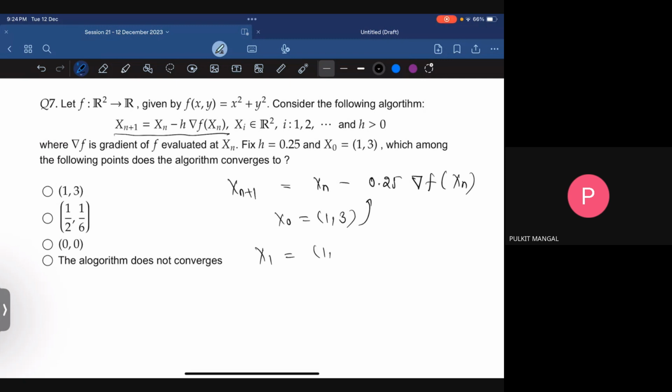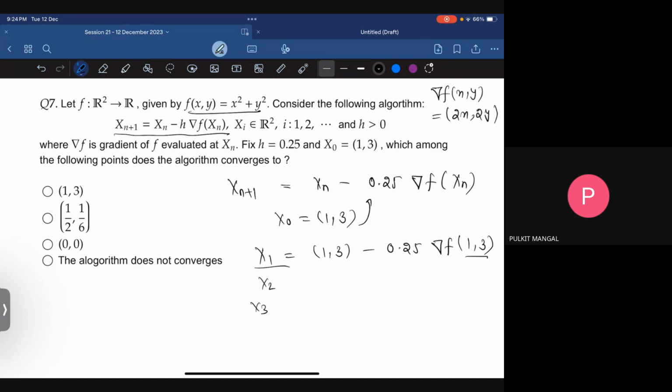It is 1 comma 3 minus 0.25 times gradient of the function at 1 comma 3. What is my function? x square plus y square. What is the gradient of f at the point x comma y? 2x comma 2y. We need to find this gradient. Similarly you can find x2 when you find x1, and x3.